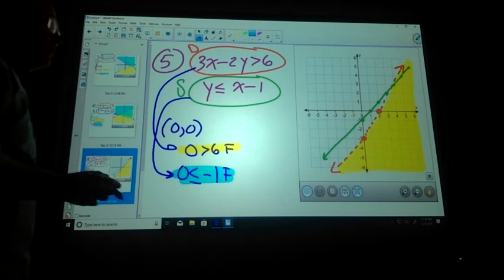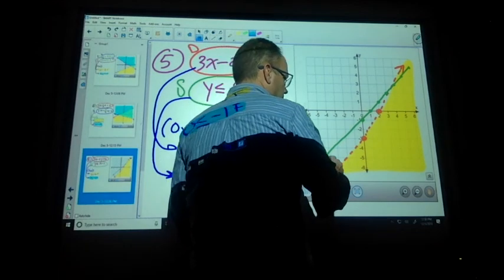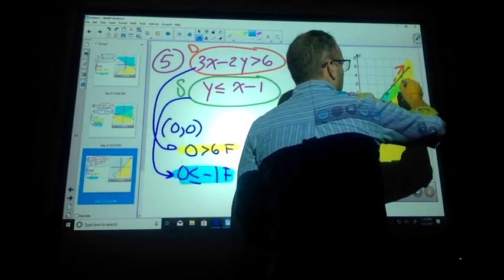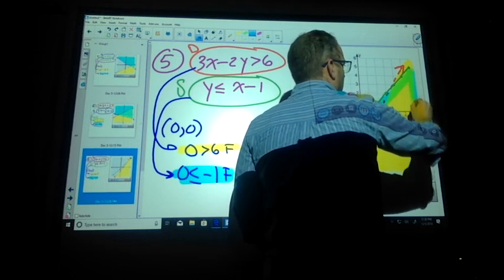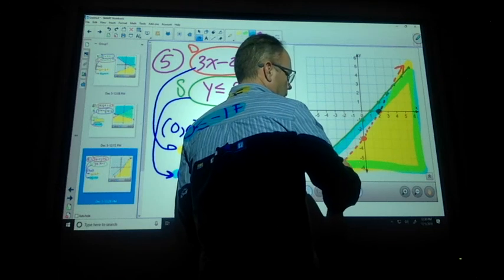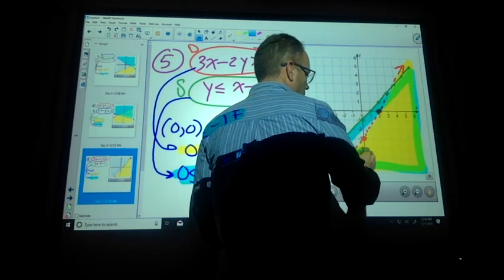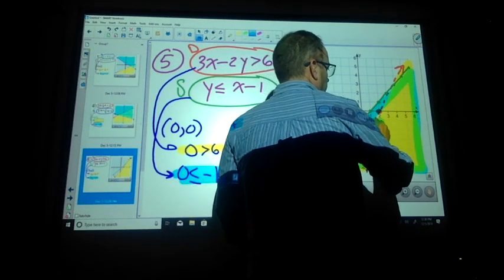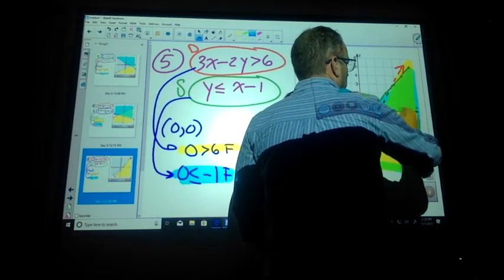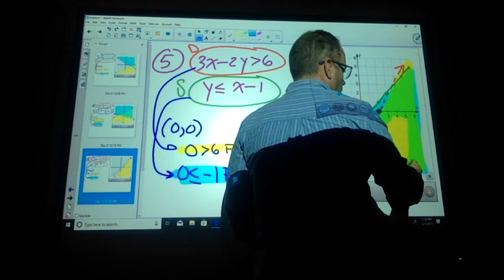So below the green as well. It's changing color, yes?